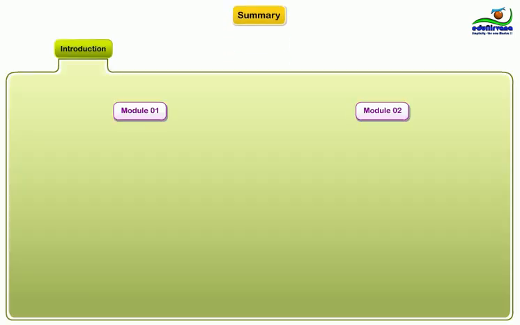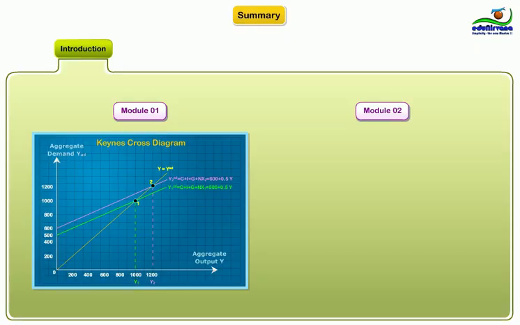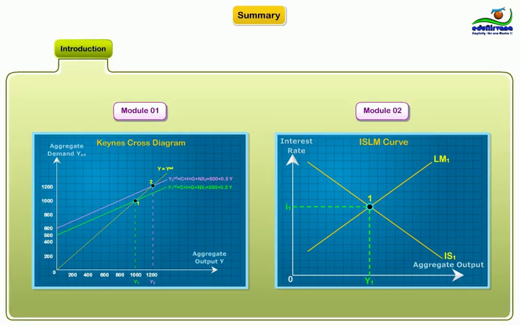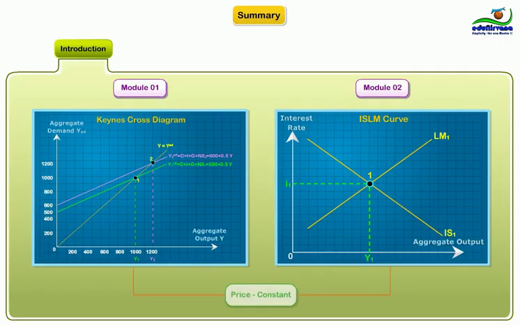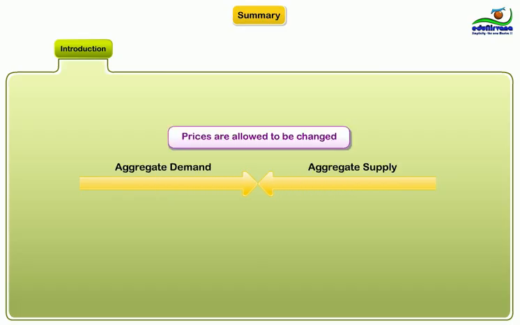In the previous two modules of AD and AS, we covered Keynes's cross model and IS-LM curves. We had assumed that prices were constant in these two modules. In this third module, we focused on changes in AD and AS as prices are allowed to change.